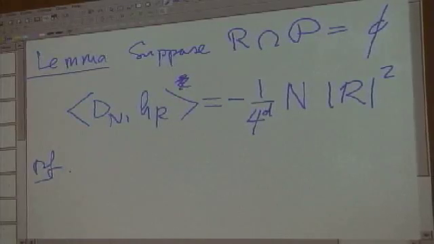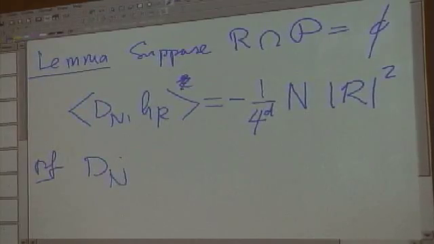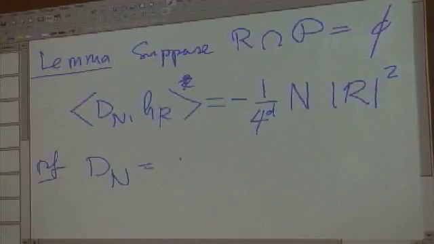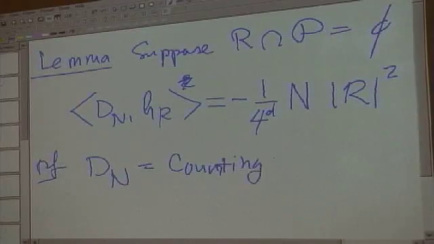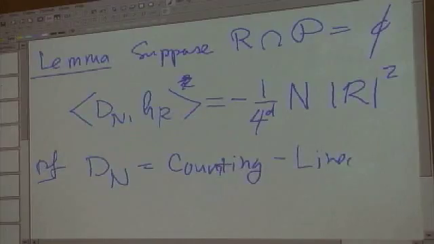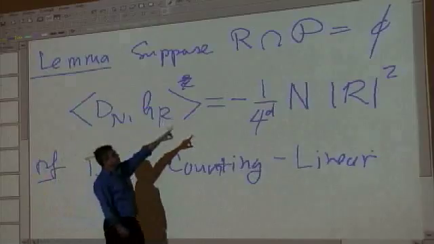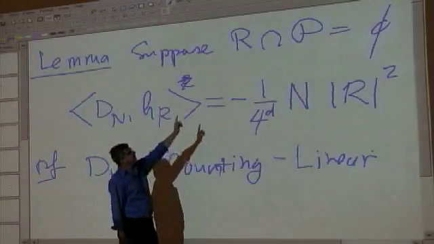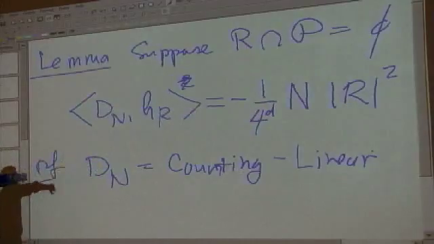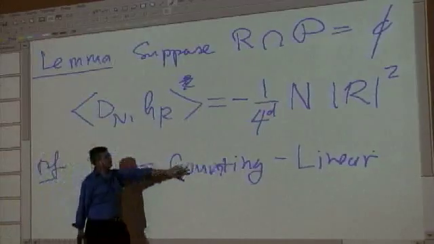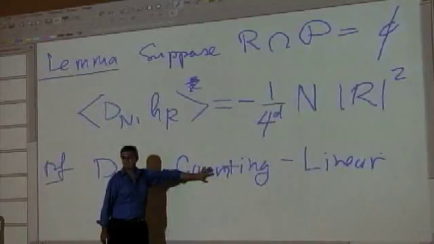So remember, I stressed that the discrepancy function was a counting piece minus a linear piece. We'll draw a picture to illustrate that under the assumption that the rectangle does not contain any of the points, the Haar function is orthogonal to the counting piece.